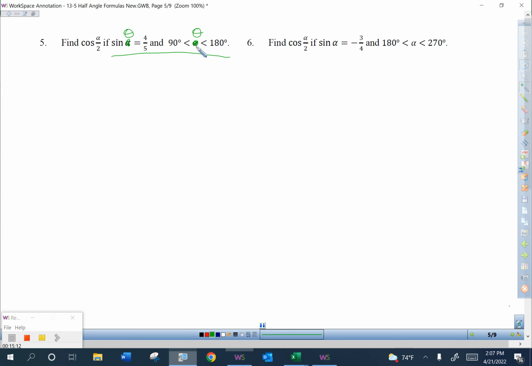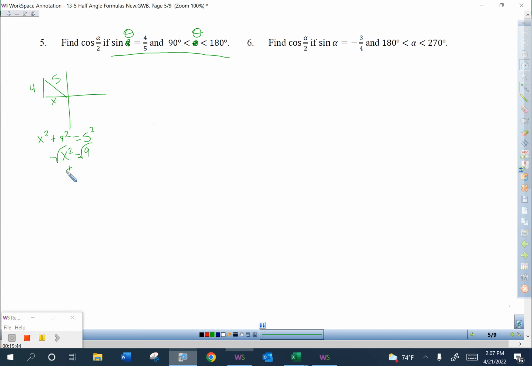And we're starting, when we see this, by drawing a picture. Okay, so 90 to 180 is right here, and 4/5 is a special triangle, but if you don't know that, you can sure do Pythagorean theorem. 25 minus 16 is 9.